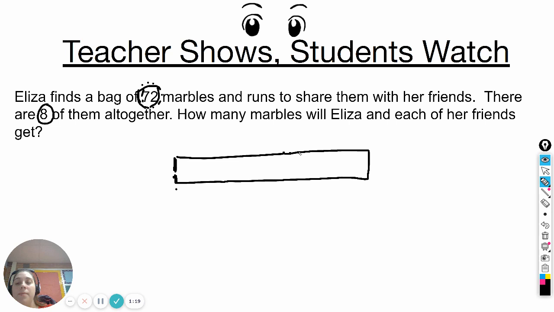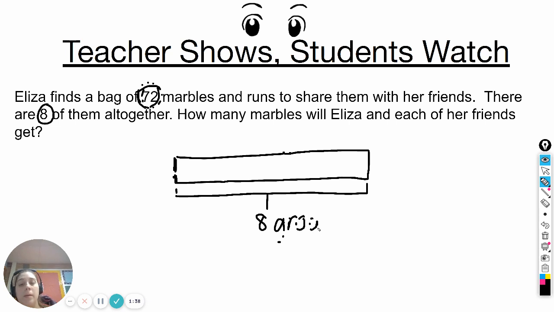This time, we know that there are 8 groups, okay? Because there's 8 people. My pen's not cooperating, but you can read that okay.